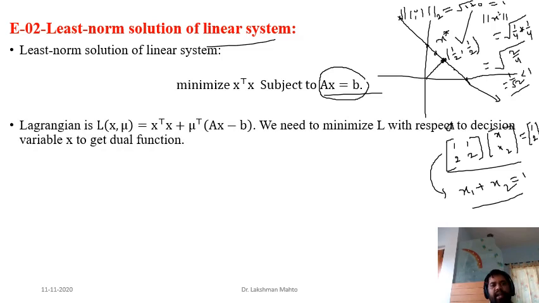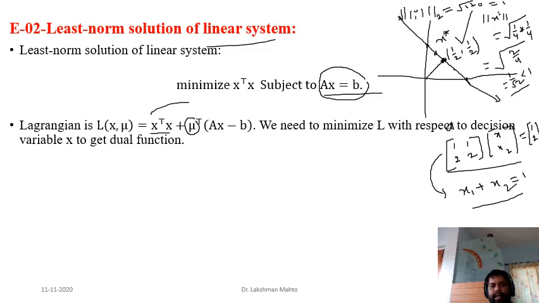Then we need to define the Lagrangian. Here we have an equality constraint, so the objective function plus, with respect to the equality constraint, the Lagrange multiplier mu: mu transpose times (Ax minus b).